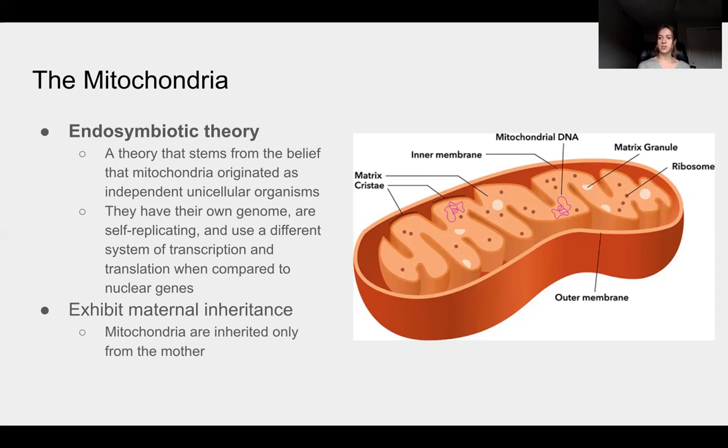All these factors, this isn't necessarily confirmed, which is why it's a theory, but it's definitely something to be familiar with and to know that they have a couple distinct features that are different between them and the rest of the organelles in a eukaryotic cell.